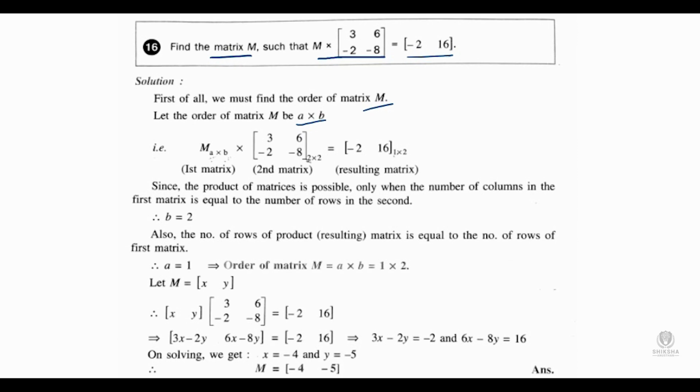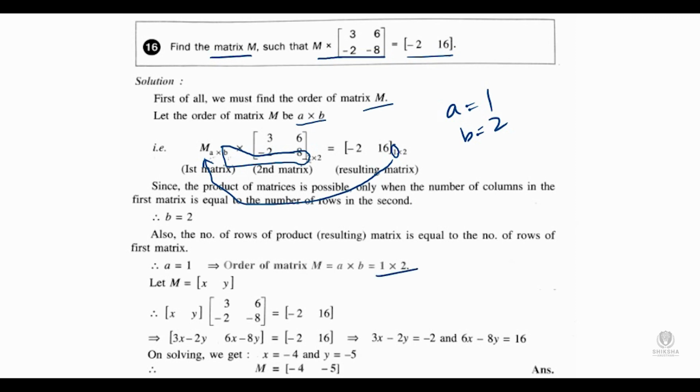This b needs to be equal to 2 to carry out the multiplication, and a comes from the first matrix, so a becomes 1. So now a is 1 and b is equal to 2, and the order of M, that is a by b, is 1 by 2.